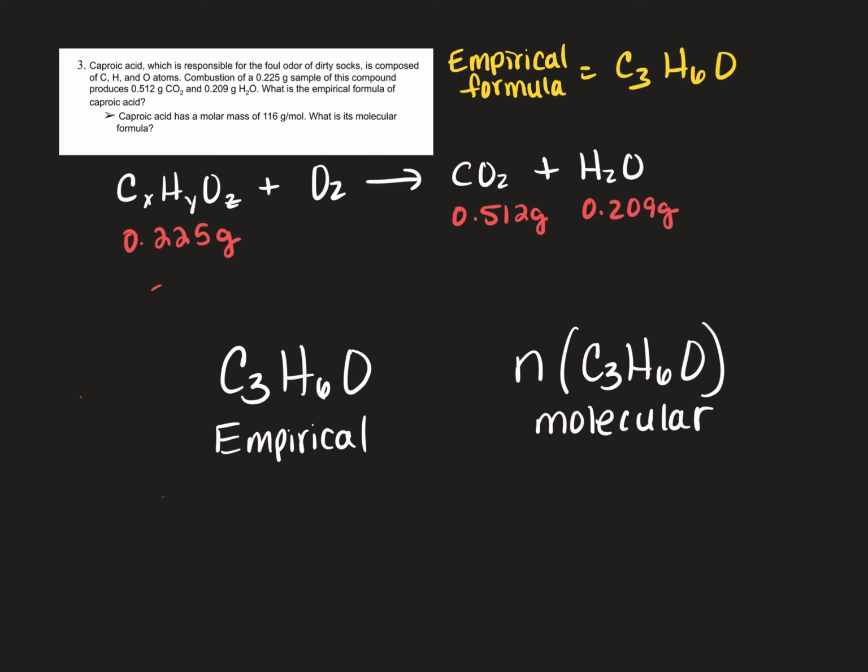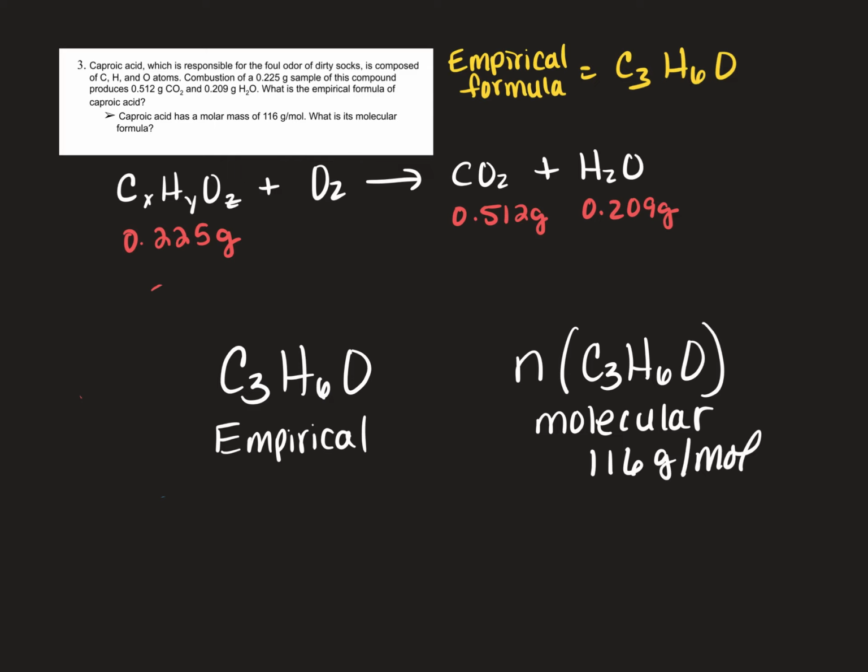So we're told that the molecular formula has a mass of 116 grams per mole. So the first thing we have to do is figure out the molar mass for the empirical formula.